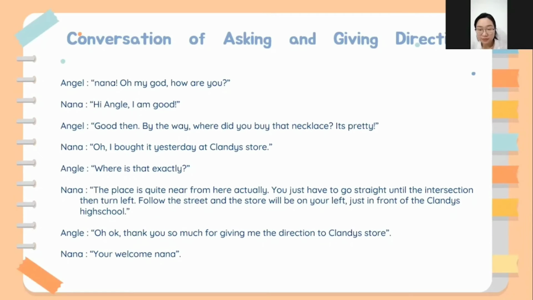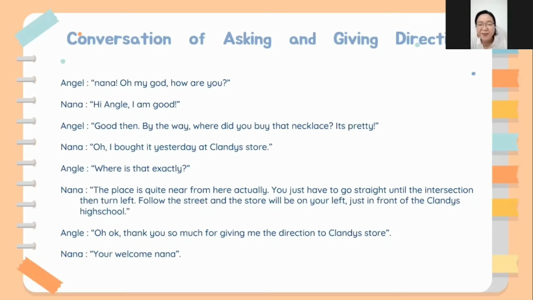You just have to go straight until the intersection, then turn left. Follow the street and the store will be on your left, just in front of the Candy's High School. Oh, okay. Thank you so much for giving me the direction to Candy's store. You're welcome, Nana.